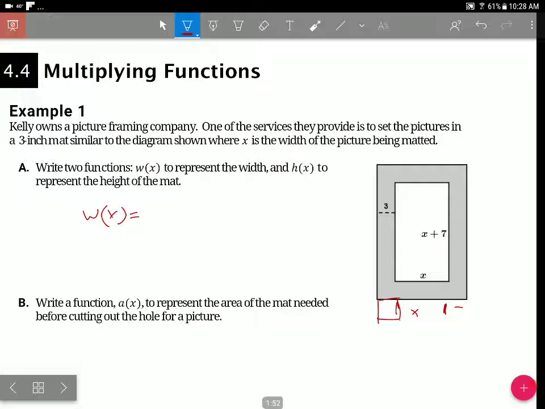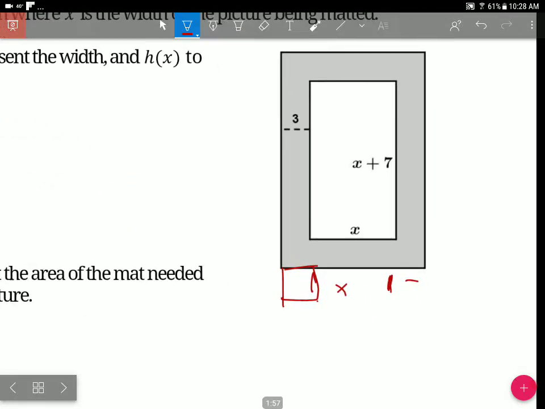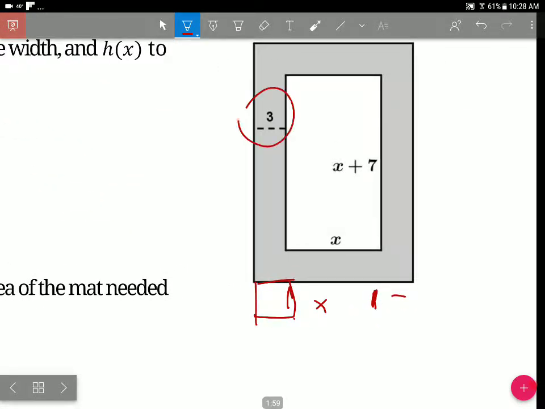Well, what's that width right there? 3. Says it right there. There's 3 inches on the left. How many inches are there on the right? Still 3. It's 3 inches all the way around.